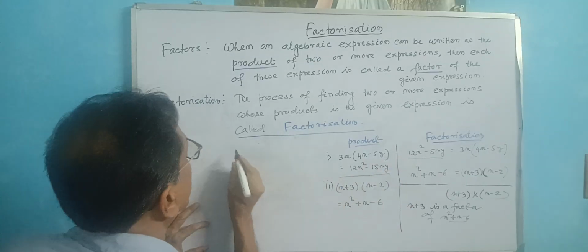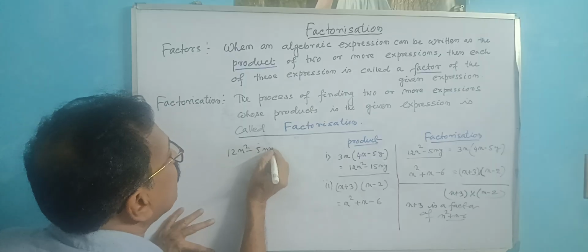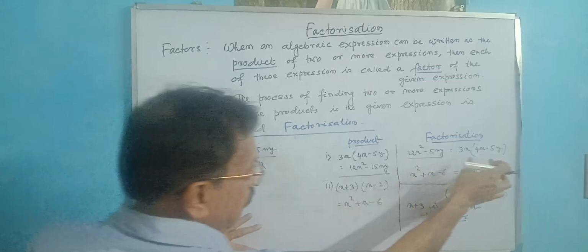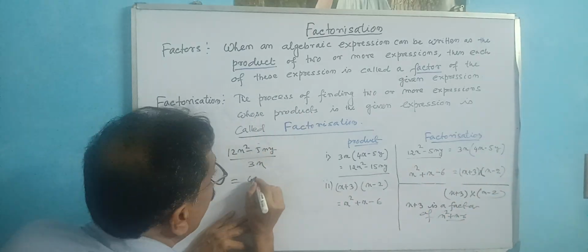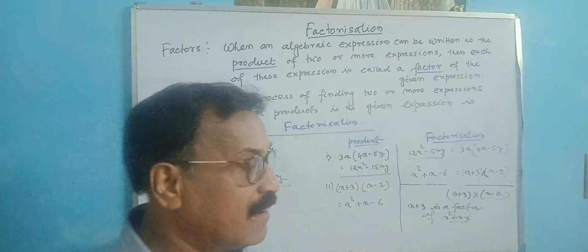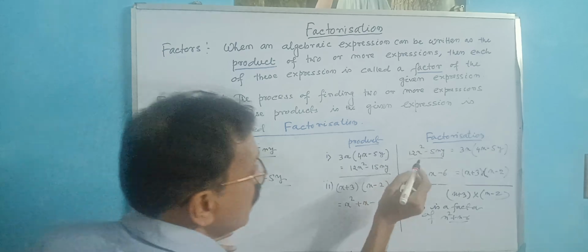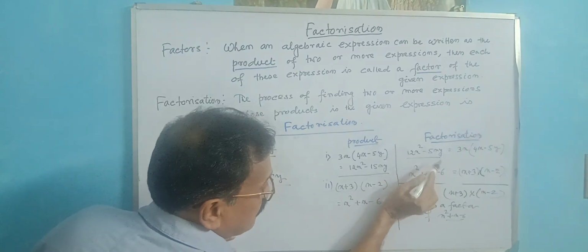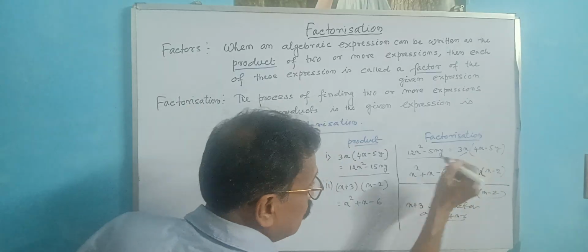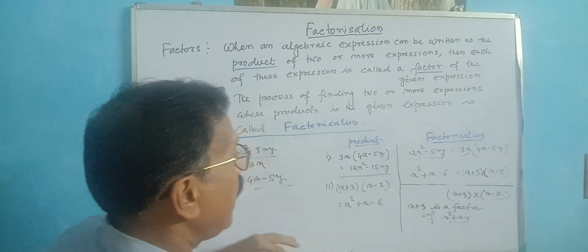That means if you divide 12x square minus 5xy by 3x, what is the answer? Left part, that means 4x minus 5y is the answer. This is a multiple relation. That is a very important thing. Try to understand well, because 12x square minus 5xy is an algebraic expression and this is a factor. What is a factor? If you divide by 3x, you get this.